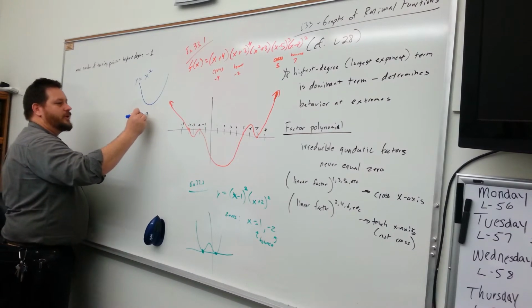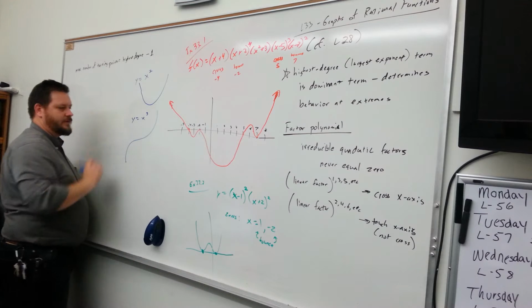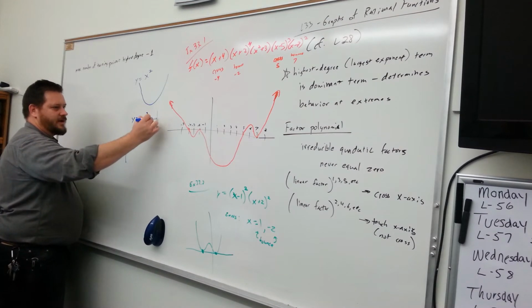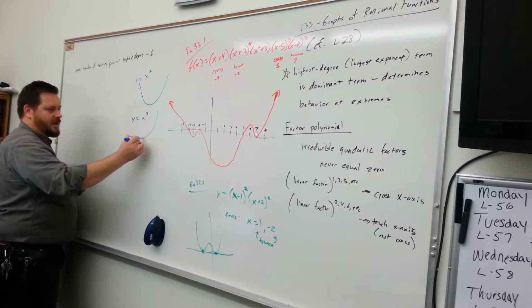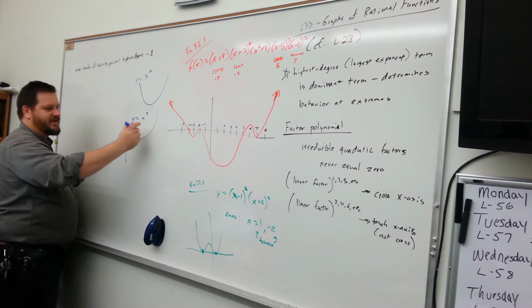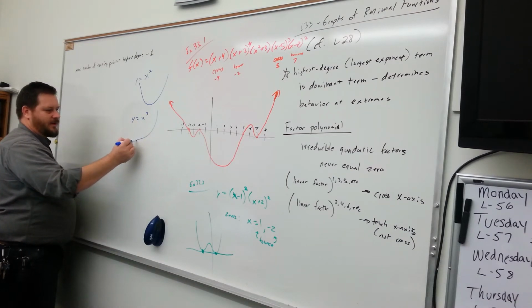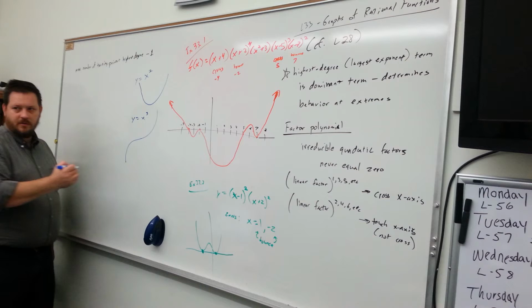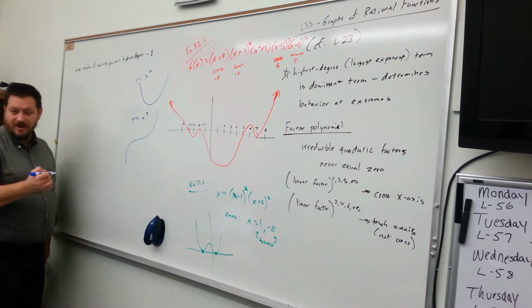Y equals x cubed looks like this. It's coming down, and a very basic one levels out and then turns. It happens to be one turning point.